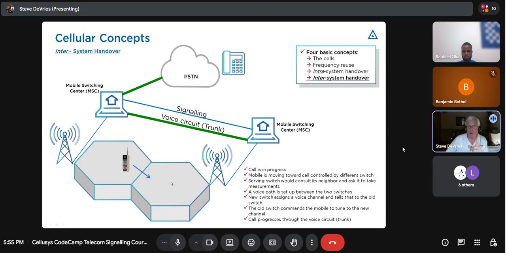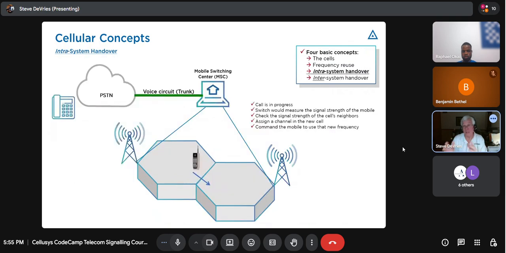Now, this only applies if you're on your phone. If your phone is idle and you move from one network to another network, that's an update location. That is a totally different thing. For intra-system handover, if you move from one cell to another cell and you're not engaged in a call, nothing happens.